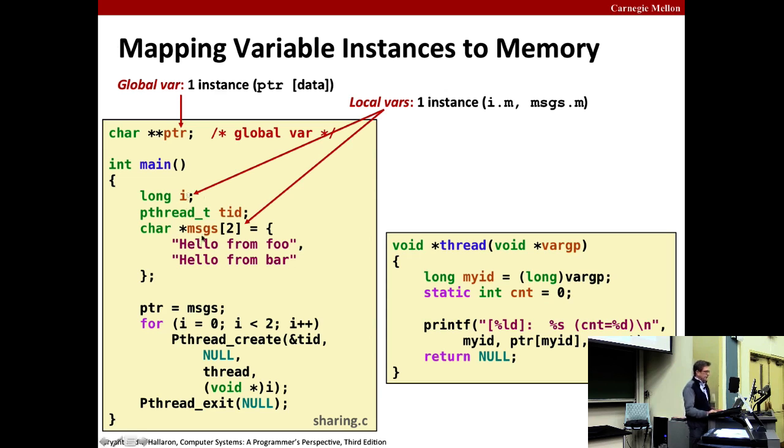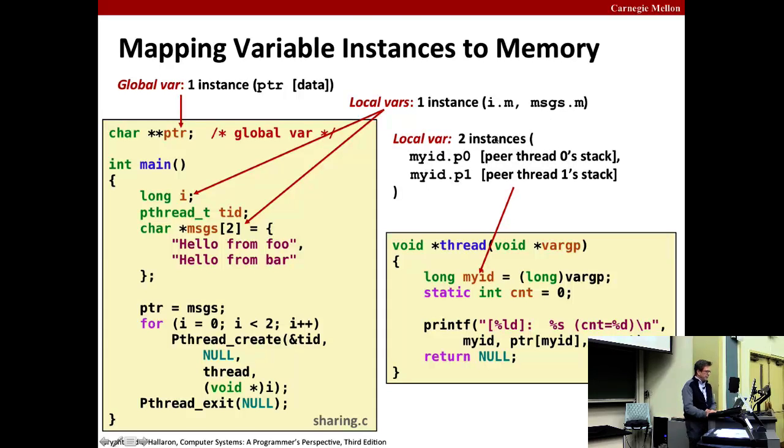I and messages are examples of local variables to main, so there's one instance of these stored on the main stack. We'll denote those with this notation: I.m means variable I is stored on main stack, and messages.m means messages is stored on the stack of main.